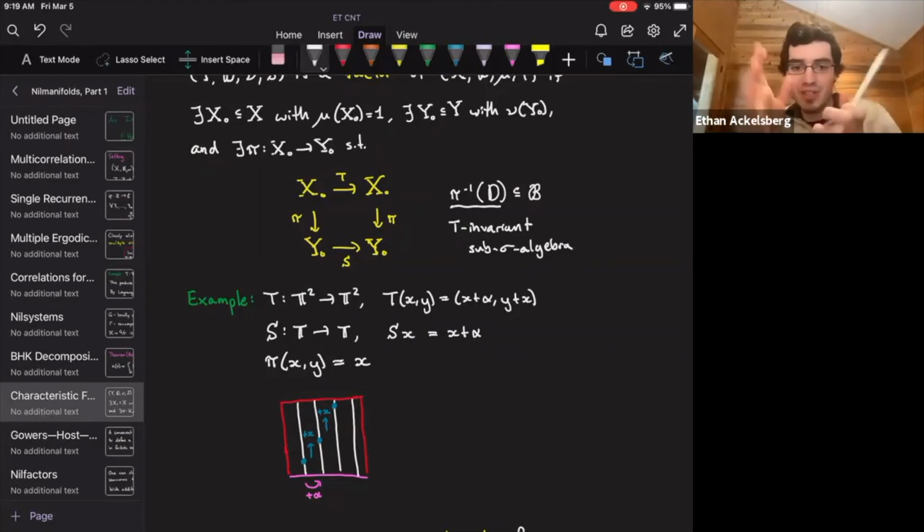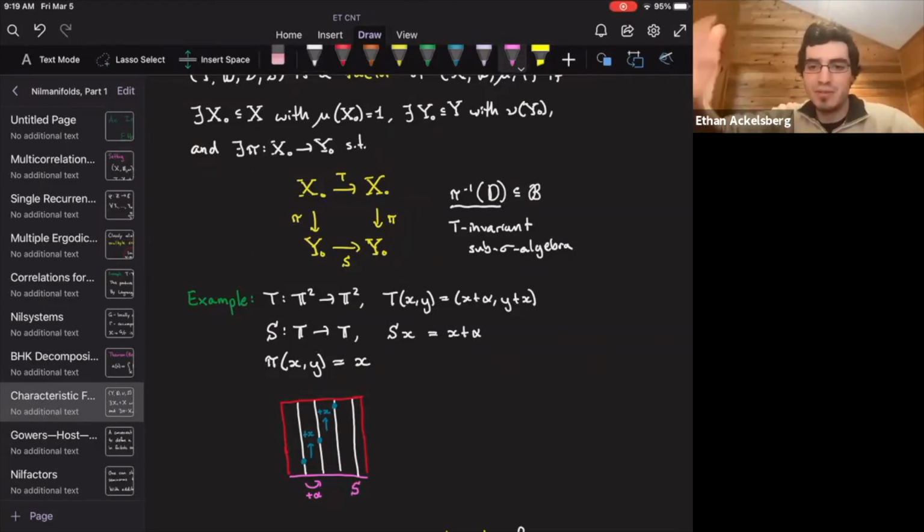I've drawn this picture to try to see this product structure of the map T. We have S on the base, and then we have something happening above. We could just project everything down to the base and be looking at that. And in this situation, S is the Kronecker factor of this system.